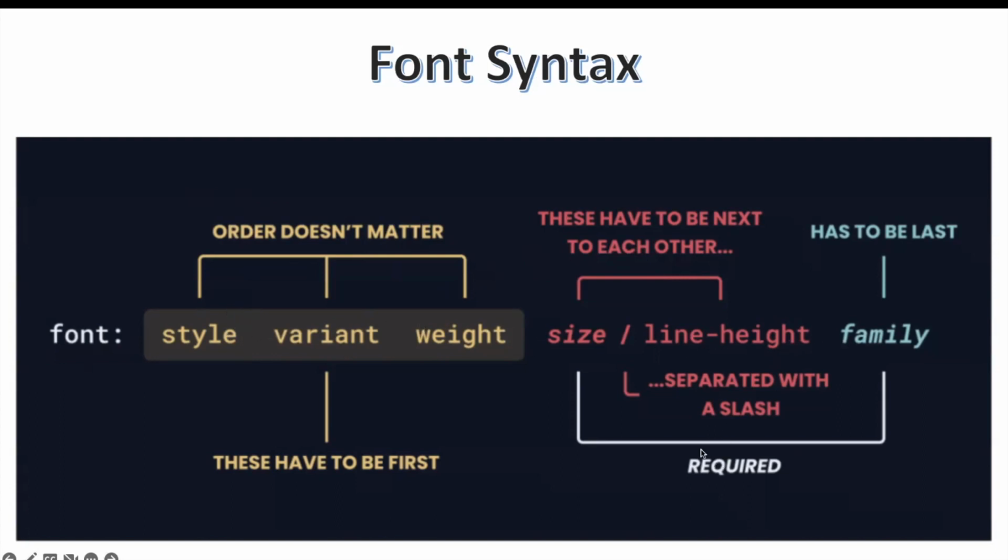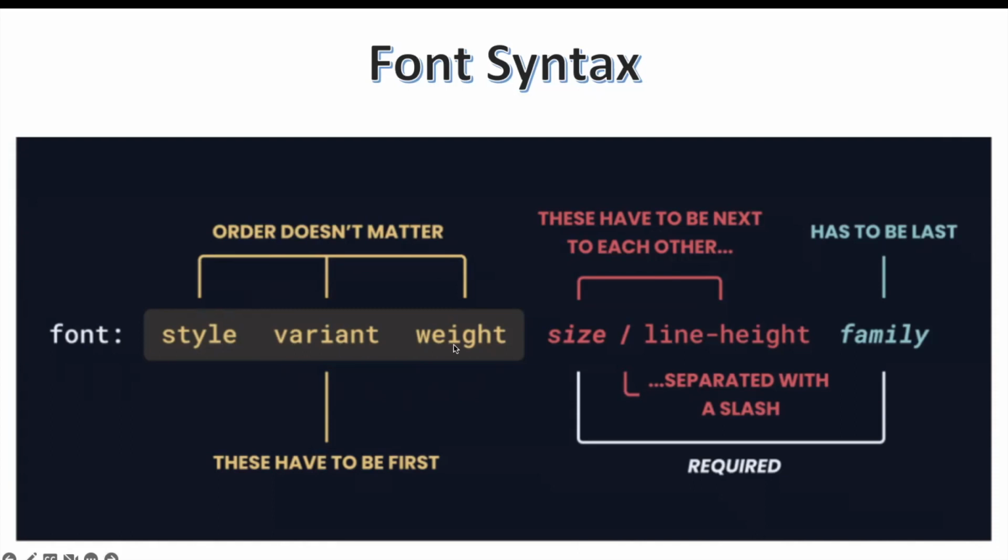These are required: the size and the line height. And then the family of the font, like Times New Roman, Courier, whatever the font name is. These are required. The order of these doesn't matter.